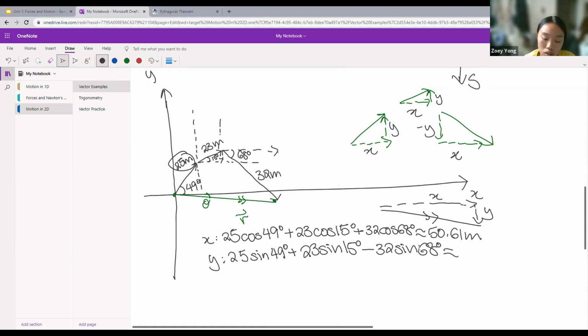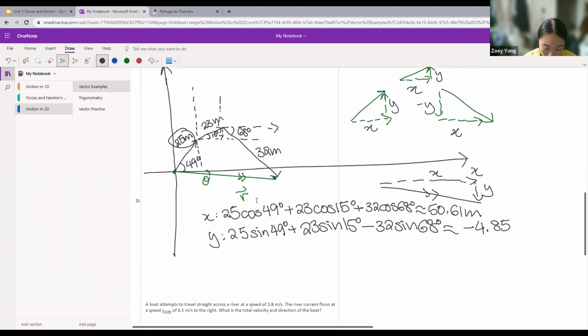Okay. So then what does this mean? This means that the y is negative 4.85, which makes sense because this dot is below this 0 line. Find r then. This is r, right?